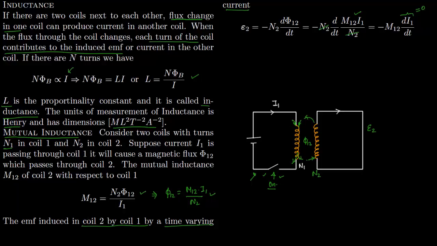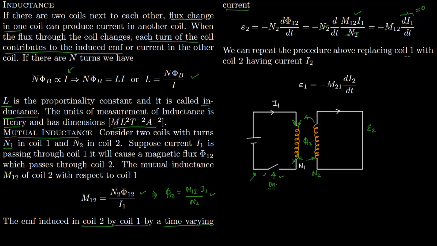You can repeat the same procedure and replace coil 1 with coil 2, having current I2. Instead of I1, you can have I2 flowing in wire 2, and you can talk about the EMF produced in wire 1.